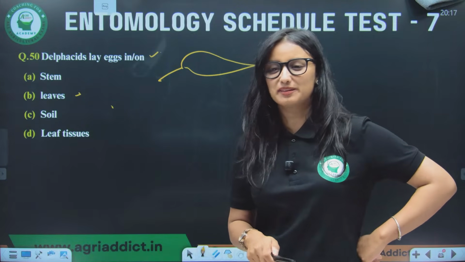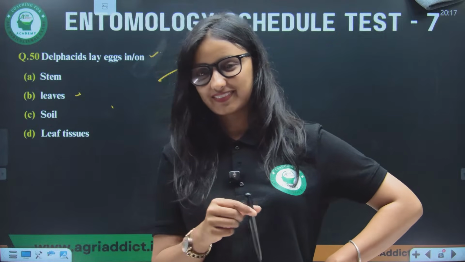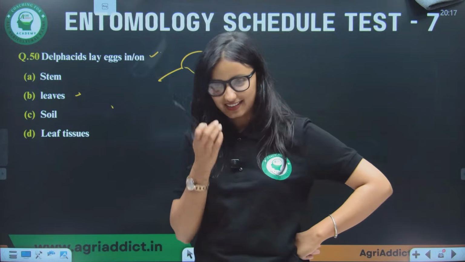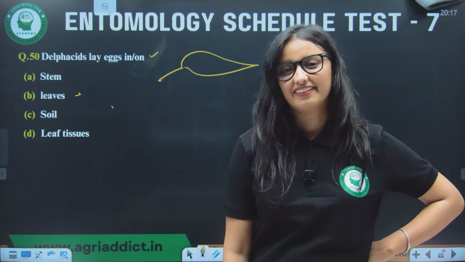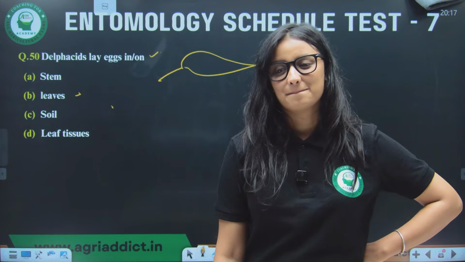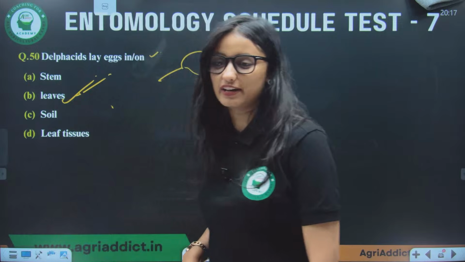What should be the answer? Leaf tissue or leaves? They are penetrating in tissues. B. Yes, you will answer leaves only, not in leaf tissues. Very good. B is the correct answer.